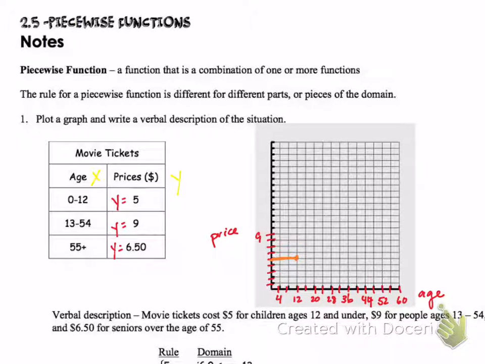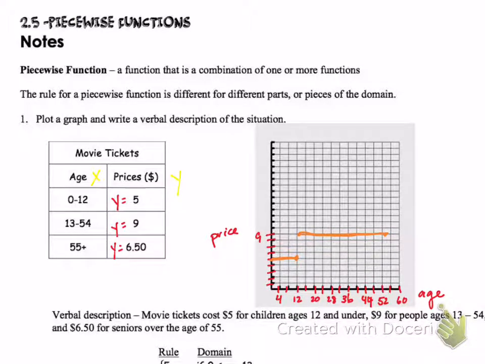And when I turn 13, I'm just going to move it over just a tad. 13 to age 54, so halfway in between 52 and 56. I'm going to connect the dots.